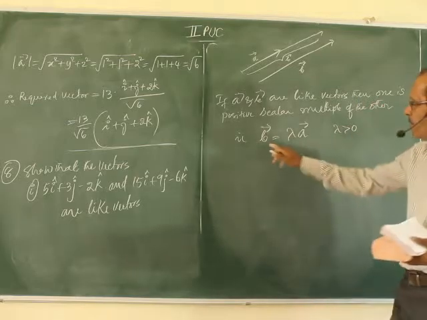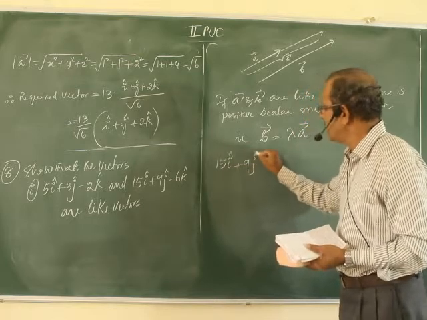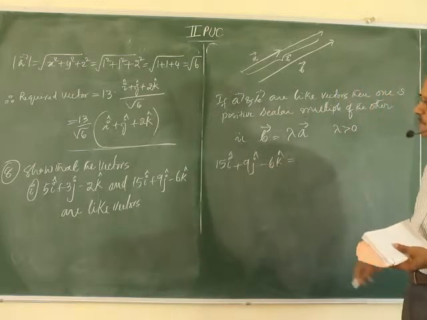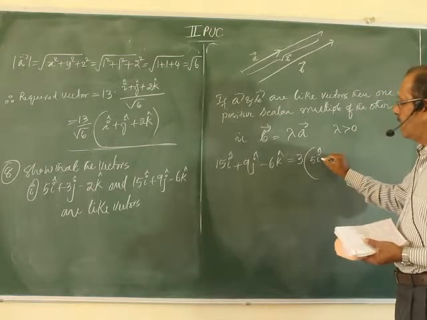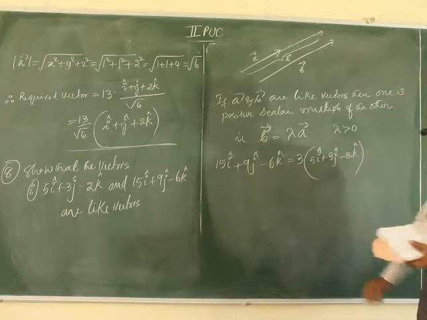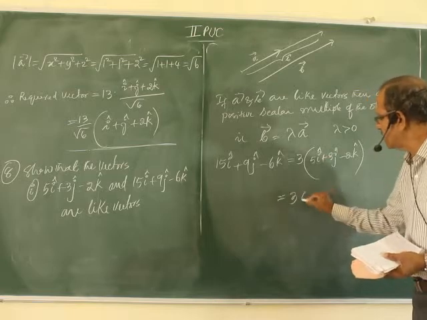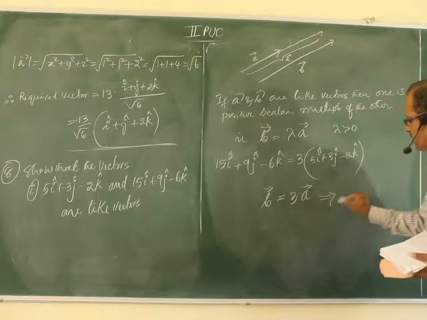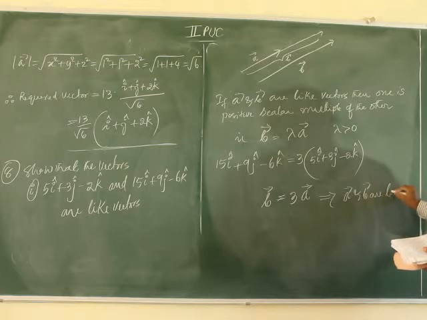Whether it is so: B is 15i plus 9j minus 6k, equal to, removing 3 outside, 5i plus 3j minus 2k, and inside the bracket it is actually vector A. So B equals 3 into A, which implies A and B are like vectors.